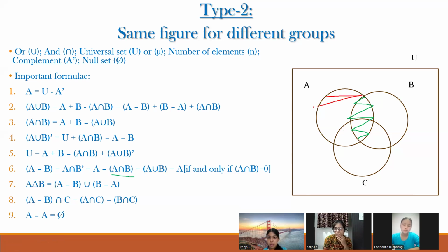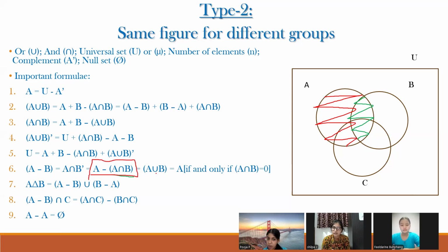Only this portion. It's all part of A but not a part of that green mark. Again, did the red lines come up to A difference B? Part of A but nothing of B is there. It's the same shaded area as A difference B. So that is the second formula that you can use for it.